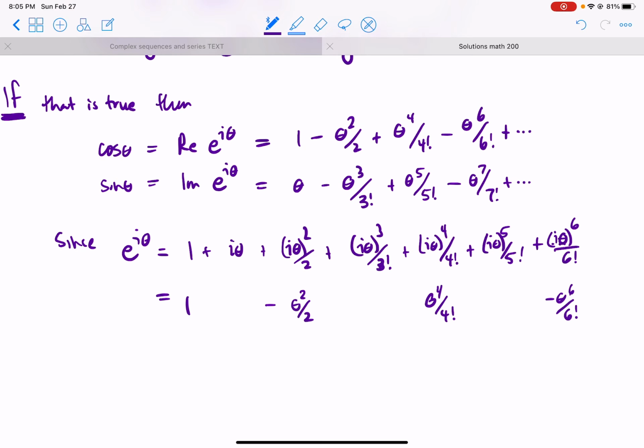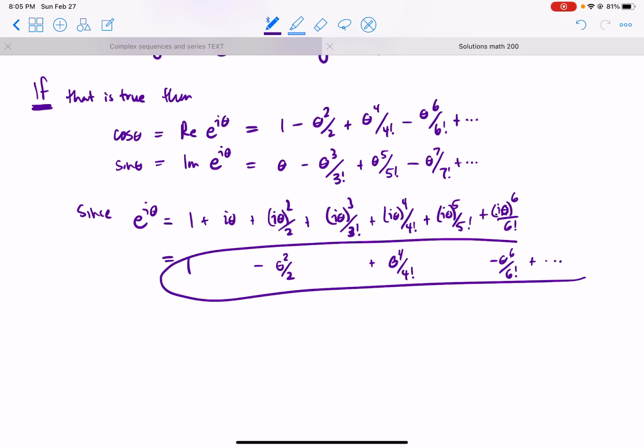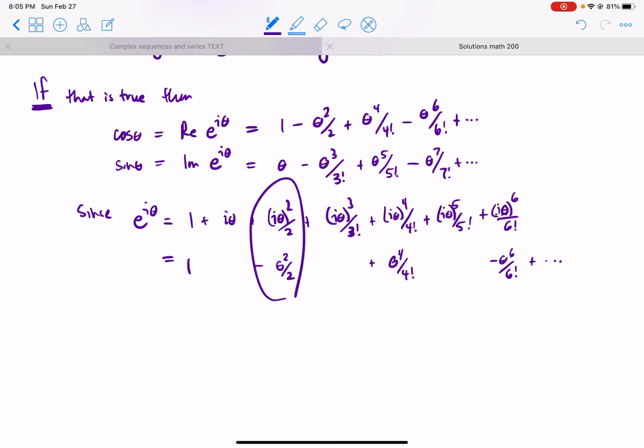And so these are all the real parts, where the i becomes either minus 1 or plus 1 when you take i to an even power. And then the odd parts will either be i or minus i, and those will be, I guess, plus i times, and here we get a theta from this one.